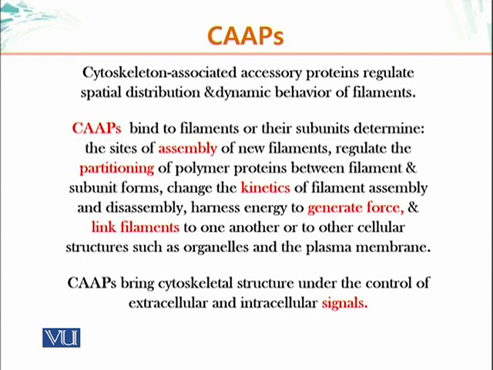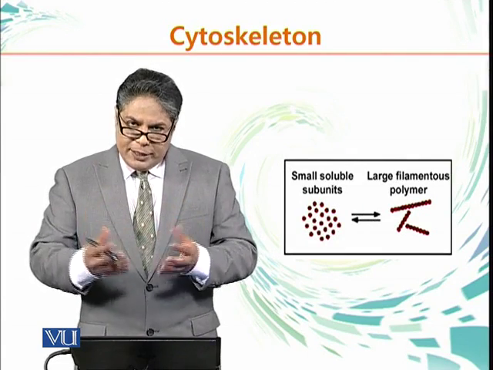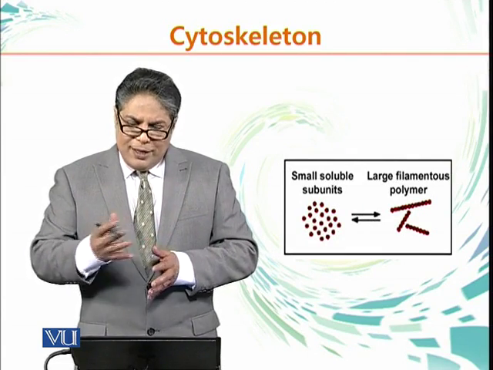For example, when we were talking about cellular membranes and cell adhesion, we saw how actin filaments or intermediate filaments anchor in specialized structures which are made up of different proteins. CAAPs also bring cytoskeletal structure under the control of extracellular or intracellular signals. So these are different functions that CAAPs perform in a cell, and we'll talk more about them in the later modules.